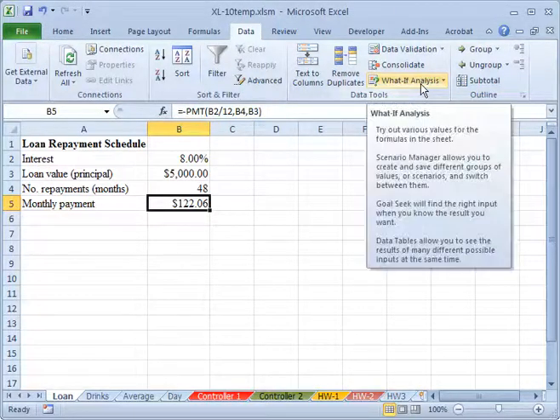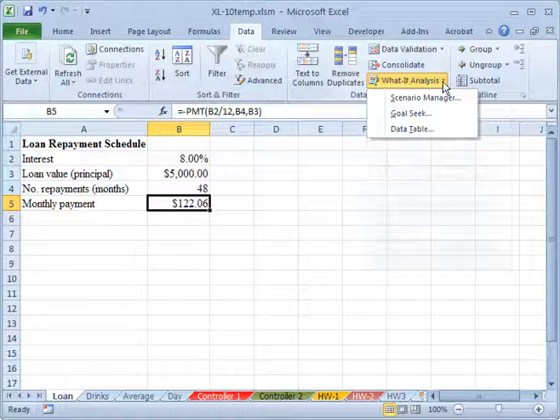One of the choices is What-If Analysis. Please read the explanation here. It's a kind of scenario manager to give us the outcome by changing this. Okay, so in this drop-down menu, the second one is Goal Seek. It's very handy, very useful.